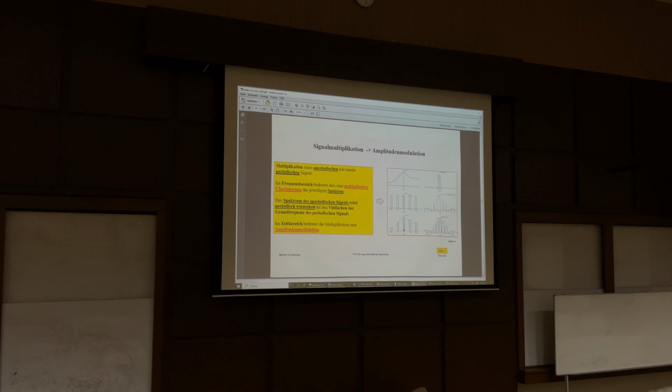You also learn the specific idiomatic expressions like Überlagerung, multiplikativ, periodisch, Spektrum, Amplitudenmodulation, and so on. But if not, just copy and paste into a Google translator, and then you see the English or the Malaysian translation.